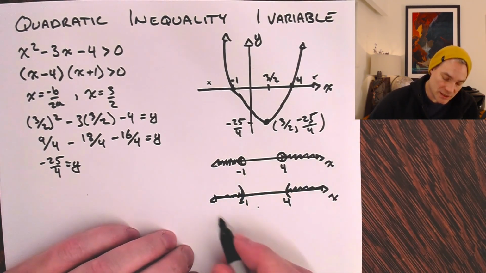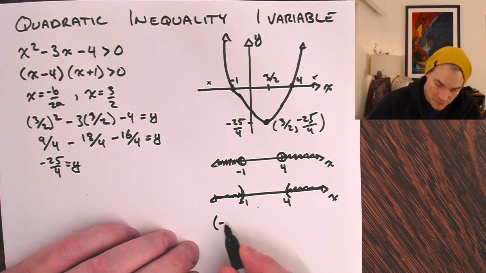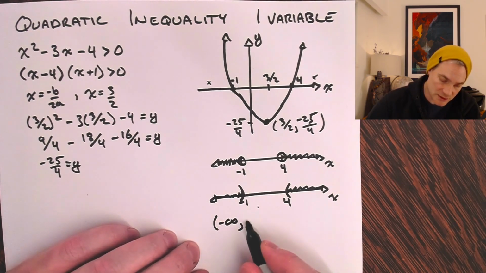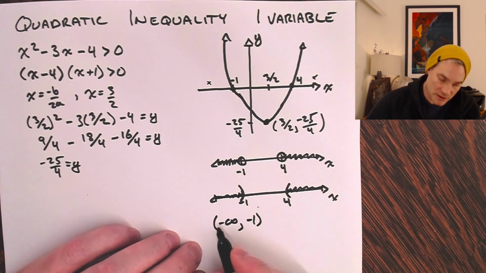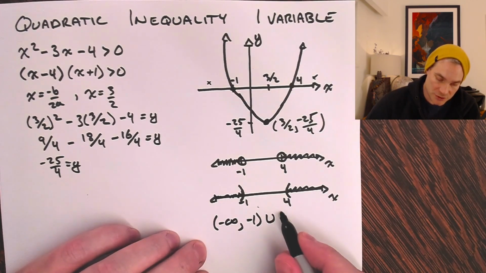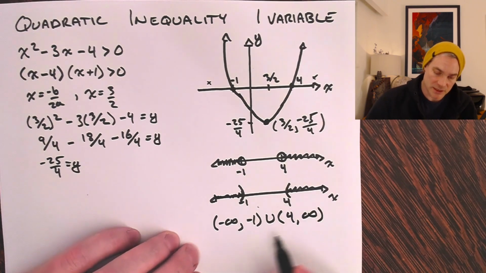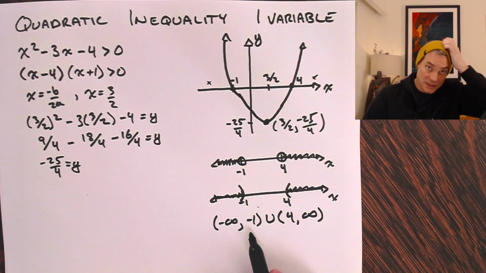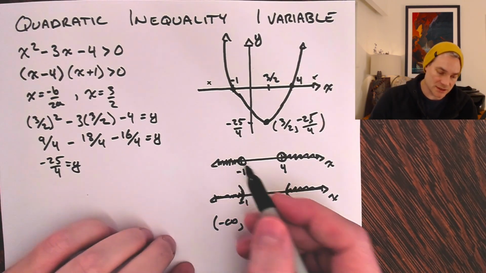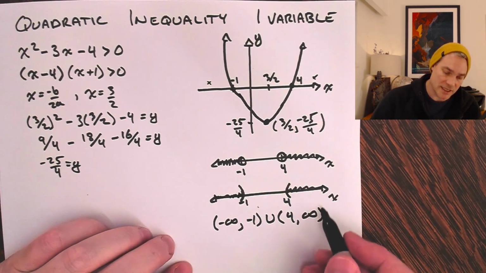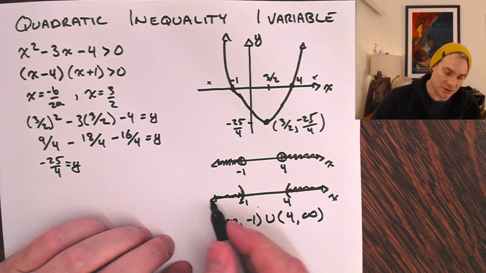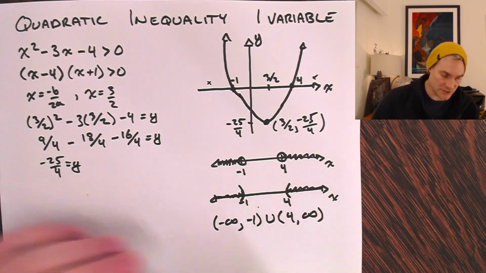And then we can also write it in the same way: negative infinity to -1, union 4 to positive infinity. And that's also our solution set. So our solution set consists of x values in these areas.